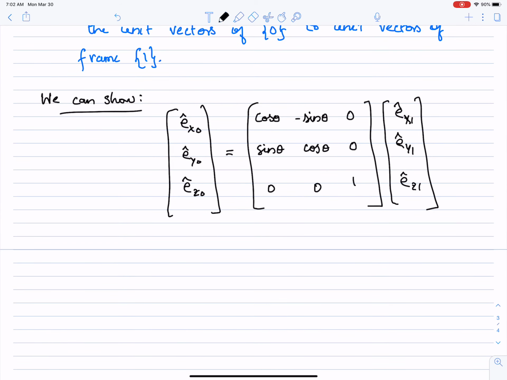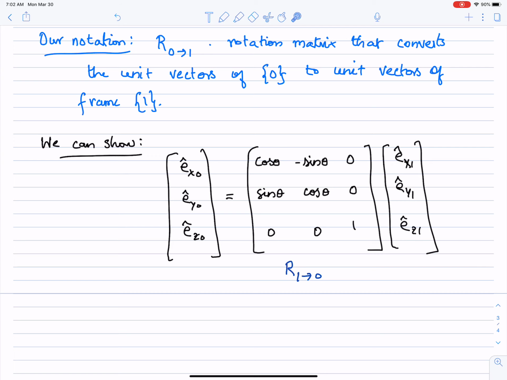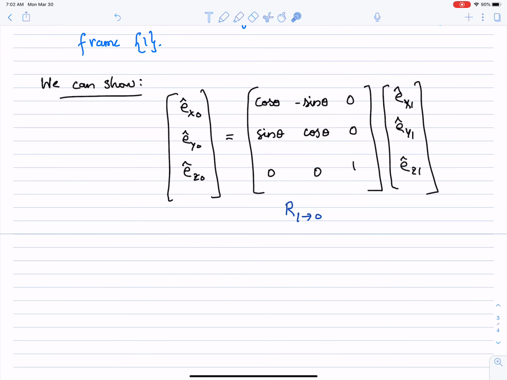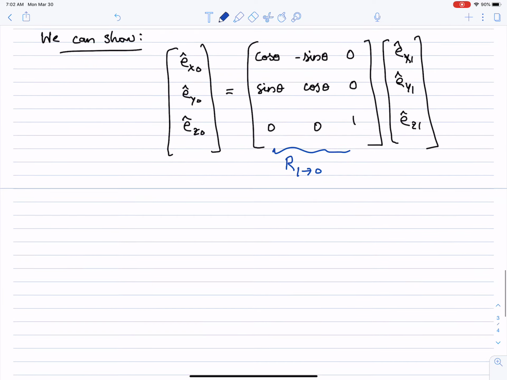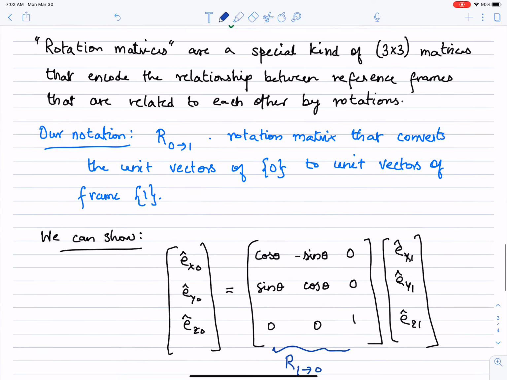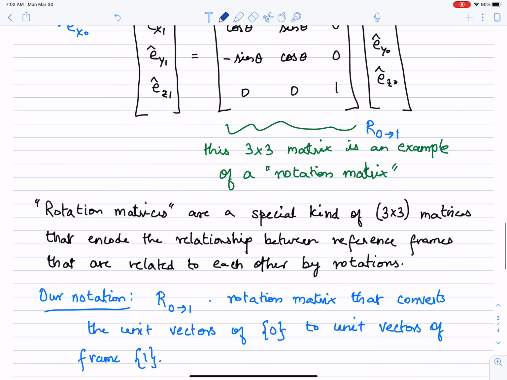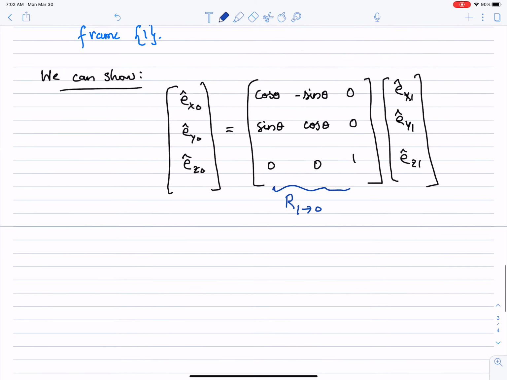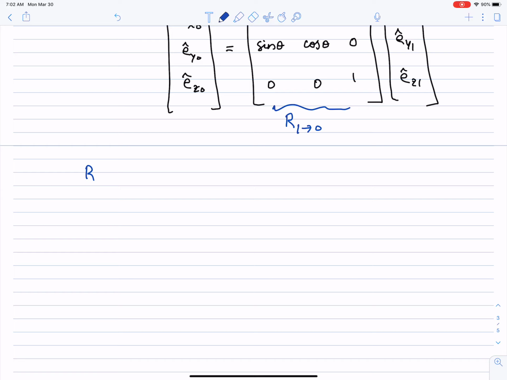And of course, you would call this matrix R1 to 0 using this notation. Okay. And what we have found, in this very special case, is R0 to 1 equals R1 to 0 transpose. Okay.